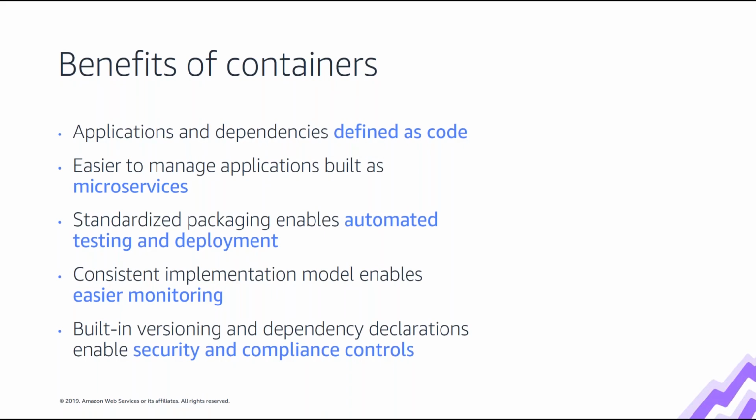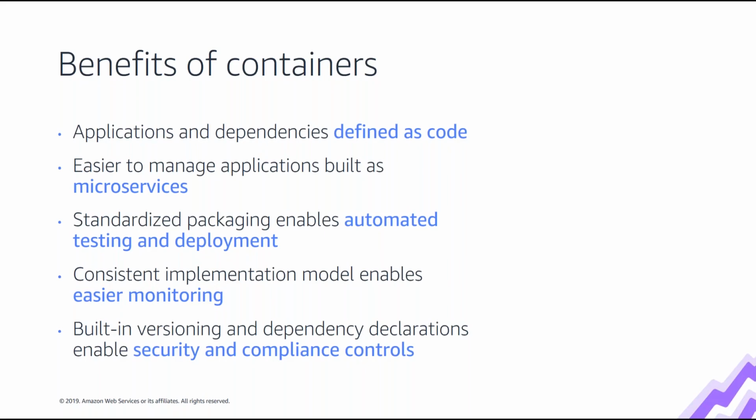Additionally, container orchestration services such as Amazon ECS and Amazon EKS have strong integration with Amazon CloudWatch and Amazon X-Ray, which further enables easier monitoring and application level metrics. And lastly, if you think of traditional environments, IT teams had to patch dependencies in production, and it wasn't unheard of for servers to be missed or patches to be delayed due to untested impacts to the underlying application.